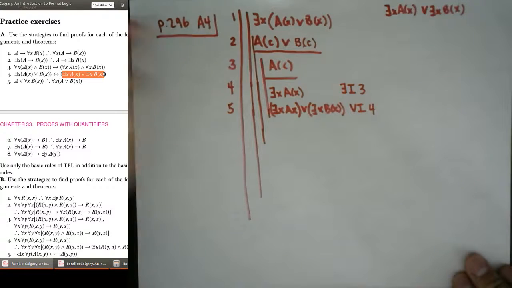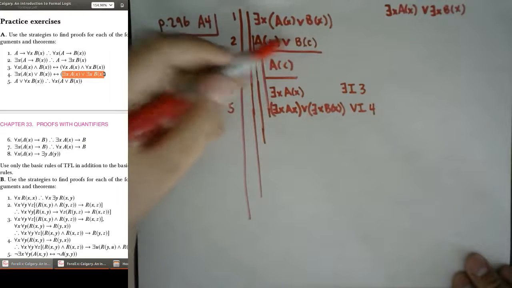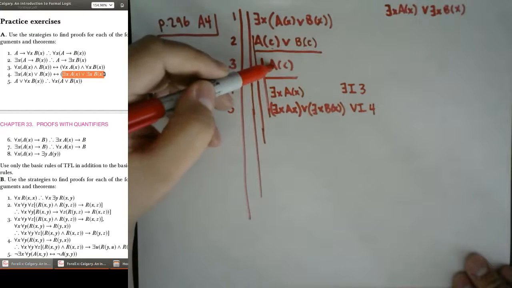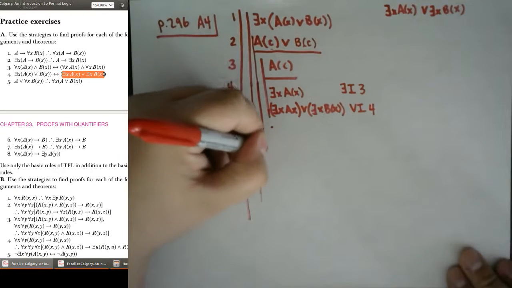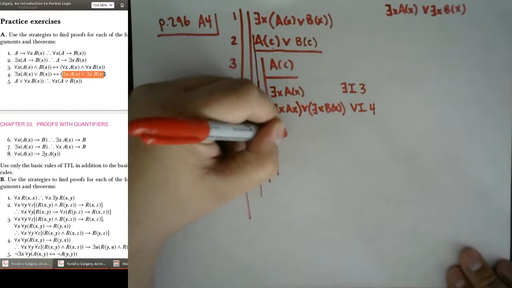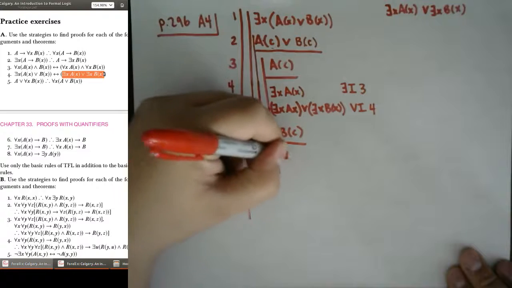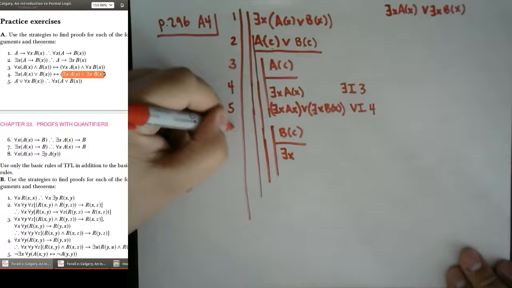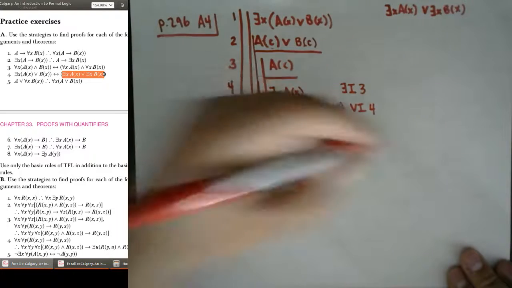It's a powerful technique. Now, again, I'm dealing with this disjunction. I've taken care of the first half of the disjunction. Now let me do the second half. It'll work very similarly. So I'm going to assume B of C, and I'll existentially quantify over C, and I'll get there exists X B of X out of that.